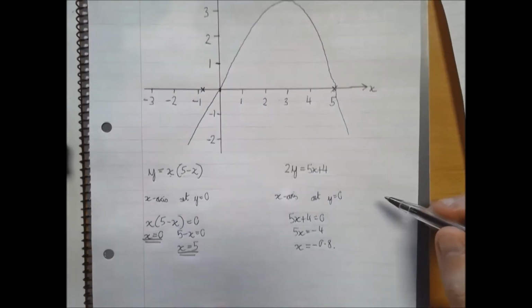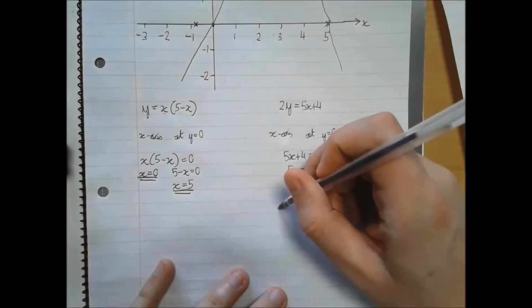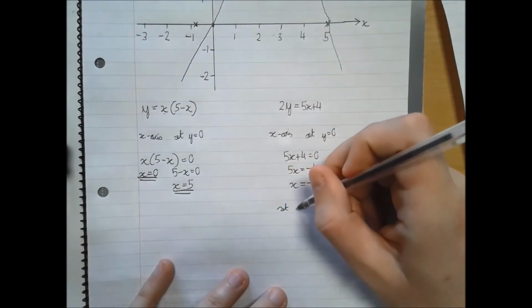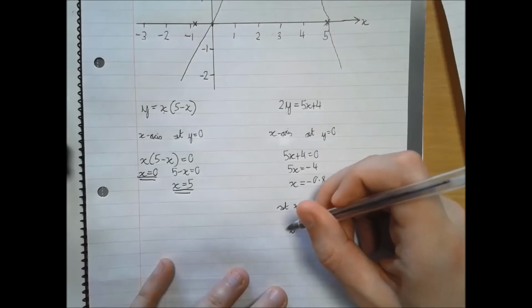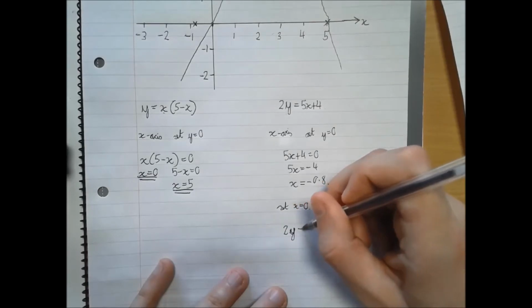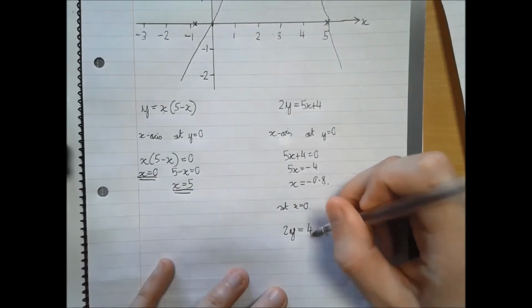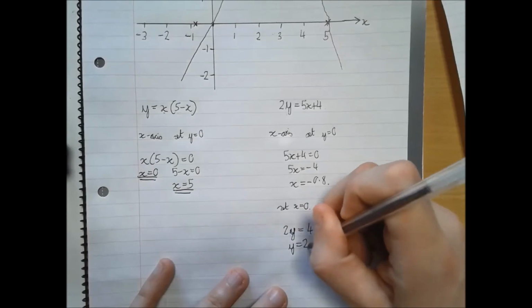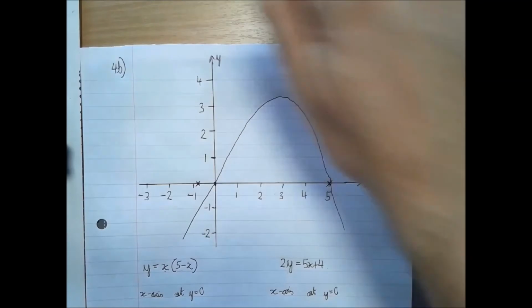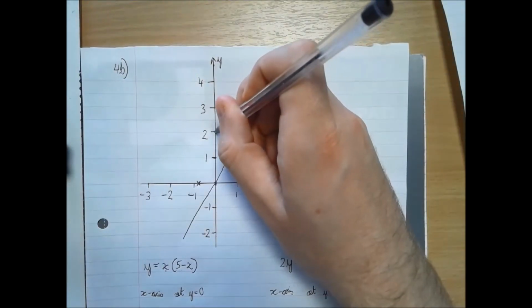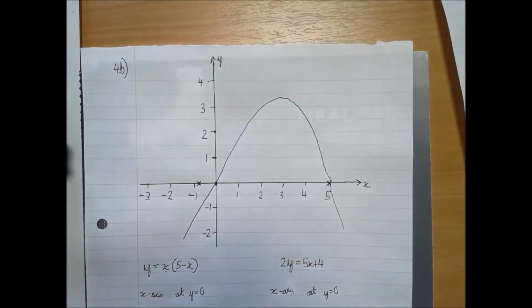Now we want to find out where it's going to cross the y-axis as well, so we're going to set x as 0. So 2y will equal 4, so y will equal 2. And then of course you know that straight line is going to pass through there.